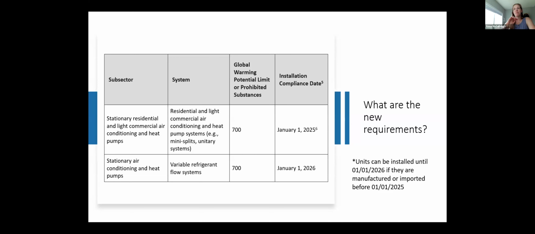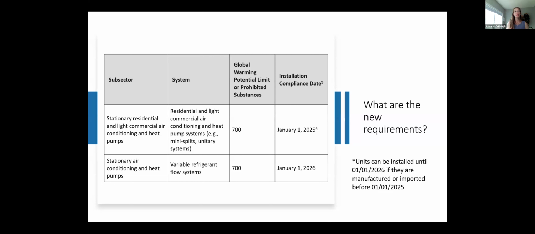All of those systems can only use refrigerants with a maximum global warming potential limit of 700, and they must be installed by January 1st, 2025, asterisk. They can be installed until January 1st, 2026, if they are manufactured or imported before January 1st, 2025.